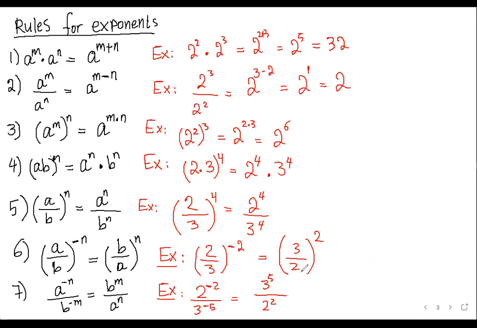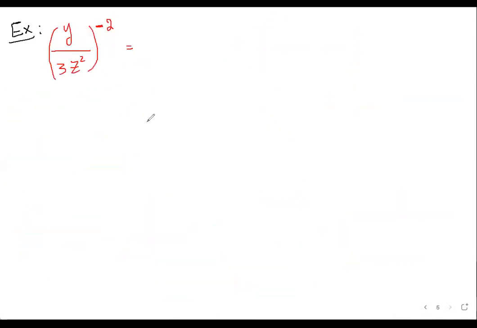Number 6. Okay, let's go back to the example. We have -2. This means we flip everything inside and we make the exponent positive. So this means 3z squared over y, everything to the power 2.